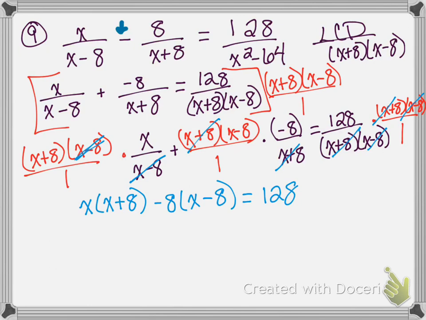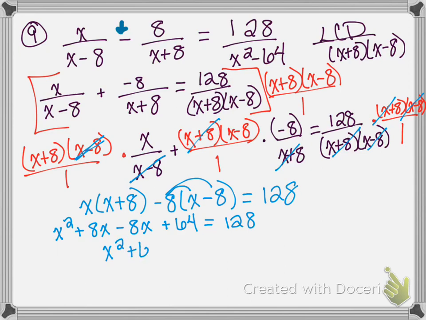So now I distribute. I have x squared plus 8x minus 8x plus 64. This negative, I've got to distribute it to both. And that equals 128. When I combine, I've got 8x and negative 8x. So I have x squared plus 64 equals 128.